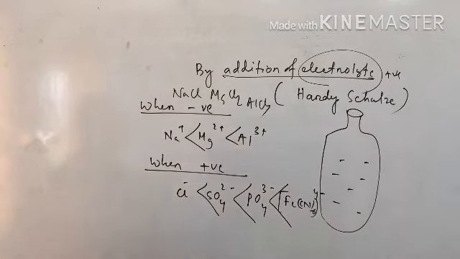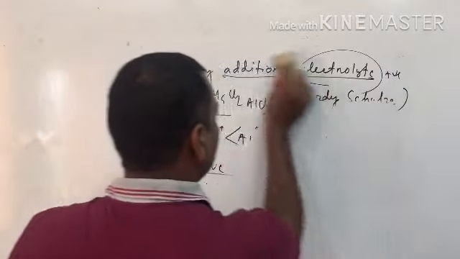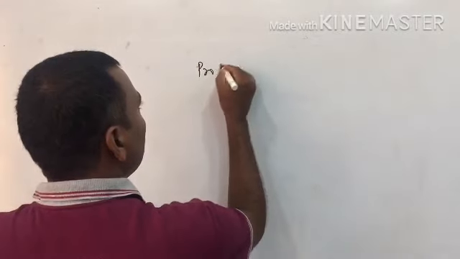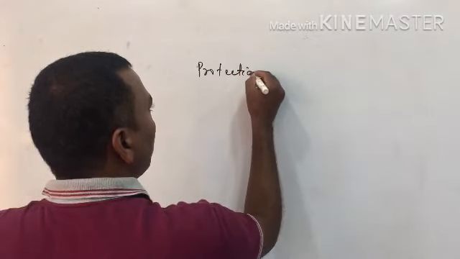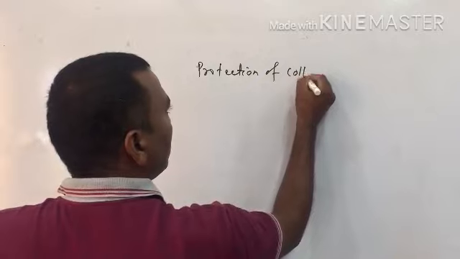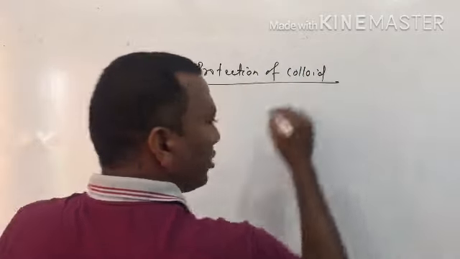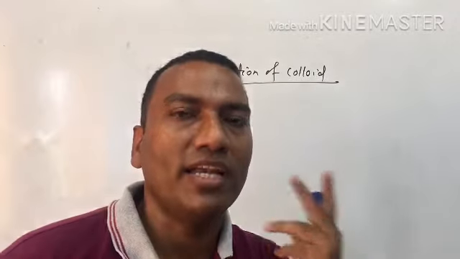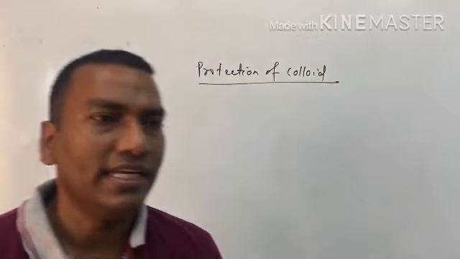Clear now? Then the next part, the last part of the chapter, is protection of colloid. We have read there are two types of colloid: one is lyophilic and another is lyophobic.